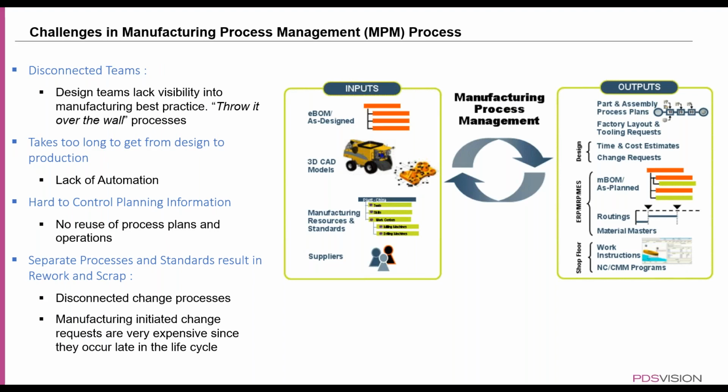Right. So these are the challenges that are there if you don't have this sort of process where the engineering and the manufacturing are working on the very same data. The first is that your design team lacks visibility into the manufacturing processes. If something changes on the manufacturing side, they would normally handle it on that side to make sure that they get the product out the door, and they don't notify the design team.